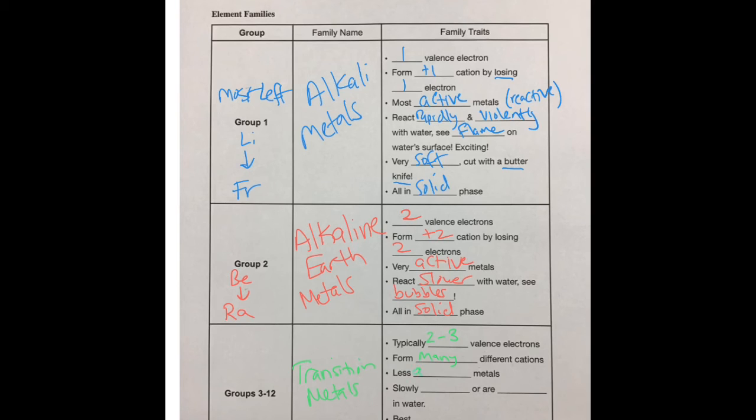These are less active metals. They slowly react or are inert, don't react in water, where alkali metals react rapidly, we're talking milliseconds of time, where the alkaline earth, we're talking 1 to 2 minutes, and group 3 through 12, if they react with water, we're talking about days for this process.